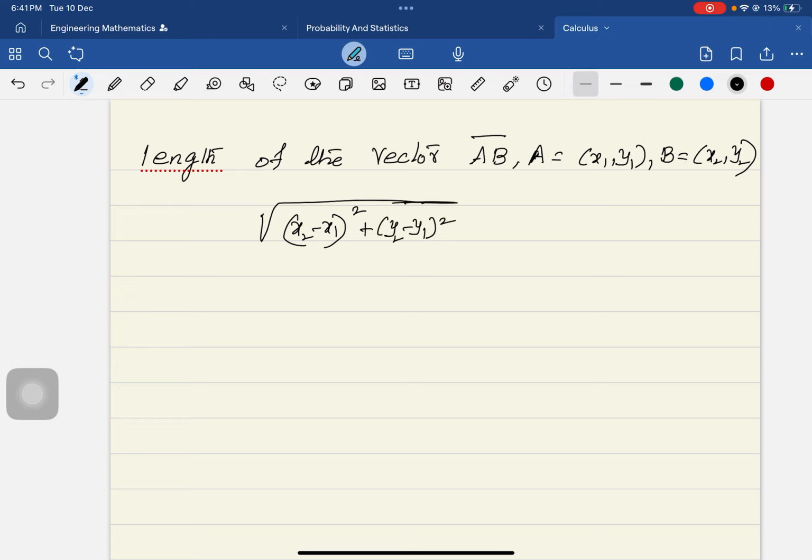We denote this length as mod of the vector AB. It is called the length, or we can also call it the magnitude of the vector.